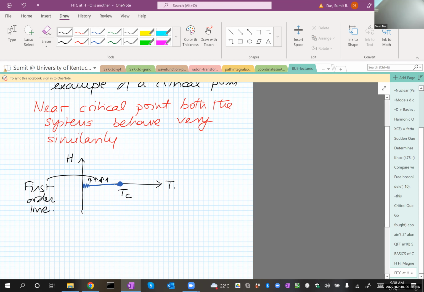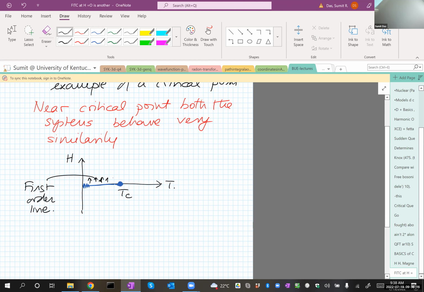Now, notice one thing, that near the critical point here, the magnetization is small. So m, which is the magnetization density, is very small. So if the magnetization density is very small, m squared will dominate over m to the 4, m to the 4 will dominate over m to the 6. So this is a good kind of expansion.